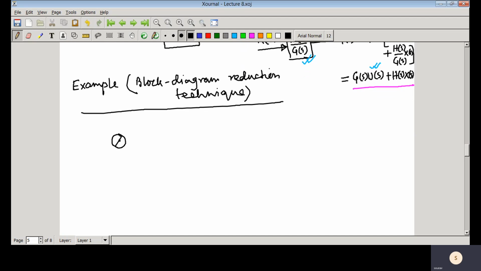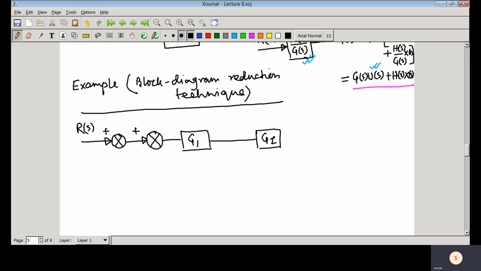So the block diagram that we have, this is the problem given to you. Rs is the input signal, and you have two comparators, and in this particular problem I am just writing G1. G1 means G1(s). I am not showing the Laplace variable in the transfer function, so all are rational transfer functions. So you have G3, and you have another comparator here.